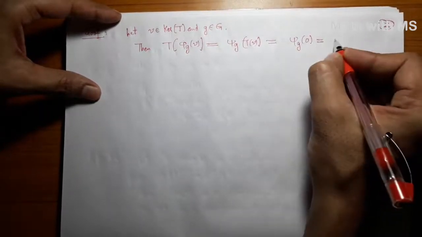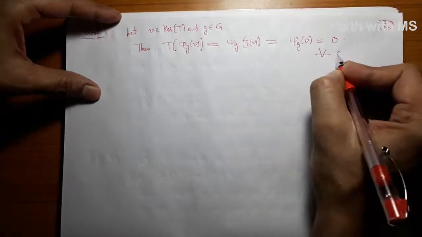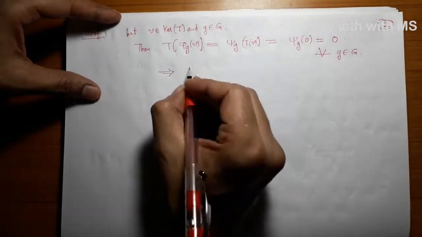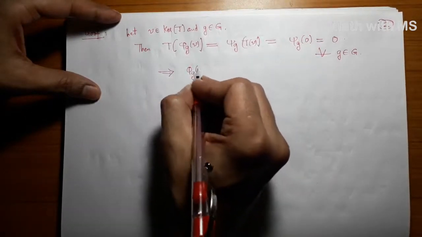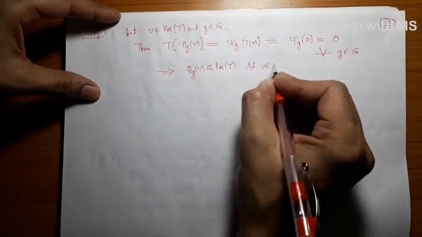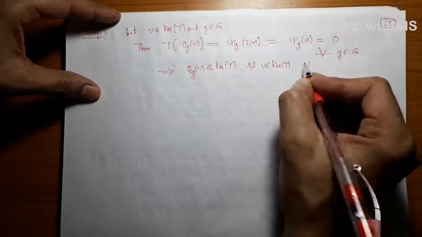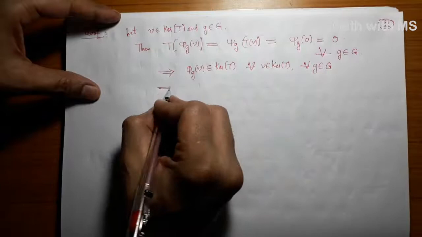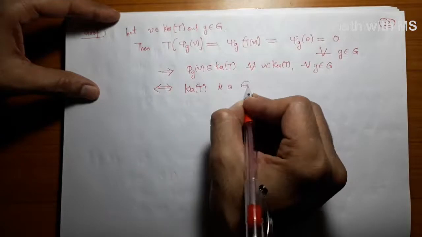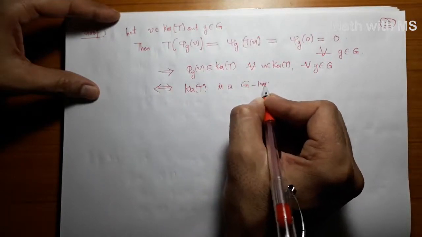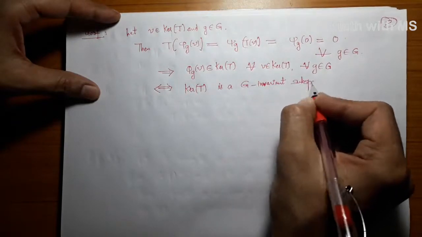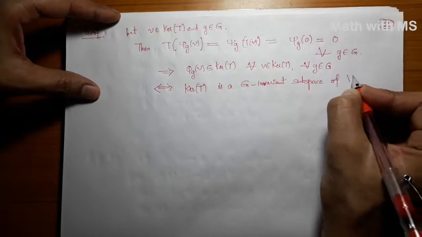But psi(g) is a linear map, so 0 goes to 0. And this happens for all group elements g in G. So this implies that phi(g) of v belongs to the kernel of T for all v in the kernel of T and for all group elements g in G. This is equivalent to saying that the kernel of T is a G invariant subspace of your representation space V.